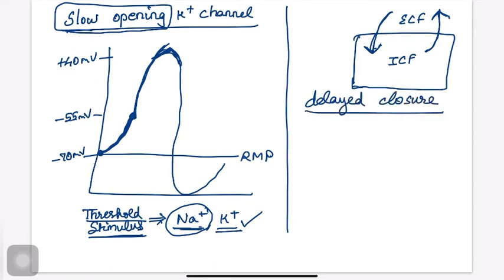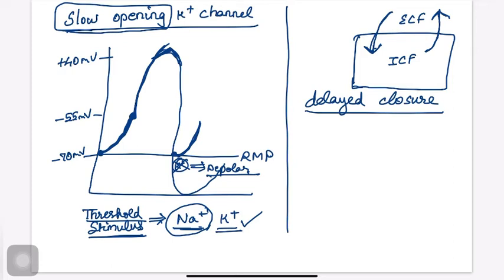If the potassium channel is a normal closing channel, as soon as the downstroke reaches resting membrane potential, the potassium channel closes. Closure of the potassium channel causes depolarization, which means less negativity of the membrane potential.